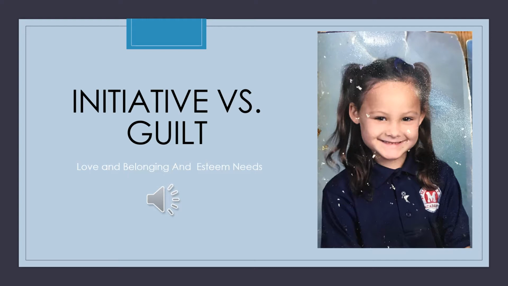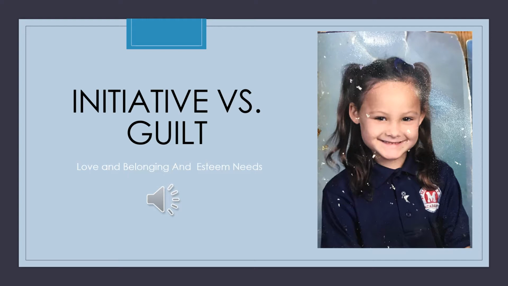the third stage of Erik Erikson's stages of development is initiative versus guilt. Pictured here is myself in kindergarten, which is during the time Erik Erikson believes this stage occurs. This is a time in which children are in school and learning to play and interact with others and growing their imagination.